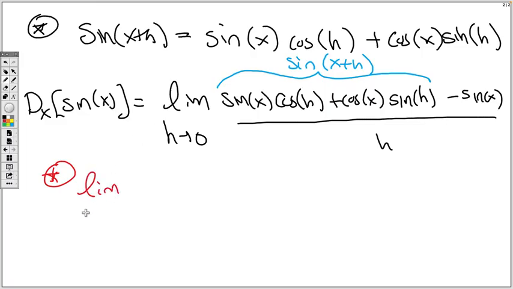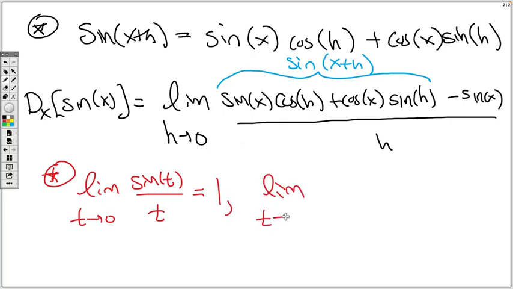And so we had this one, which came back a little bit on the take-home. As t goes to 0, what happens to sine t over t? That goes to 1. And the limit as t goes to 0 of 1 minus cosine t over t. Do you remember where that goes?